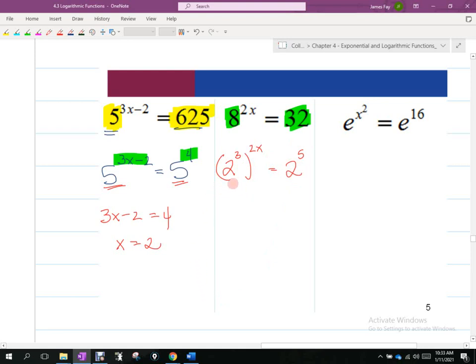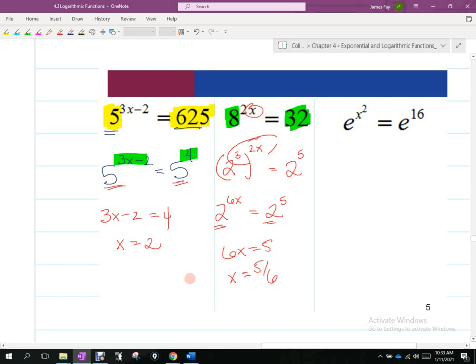Okay? Now in this situation, I think I would go one step further. I've got a power to a power there, right? You multiply. So you get 2 to the 6x equals 2 to the 5th, right? So now do we have like bases? So then if I set the exponents equal to each other, I should be able to get x to be 5/6.